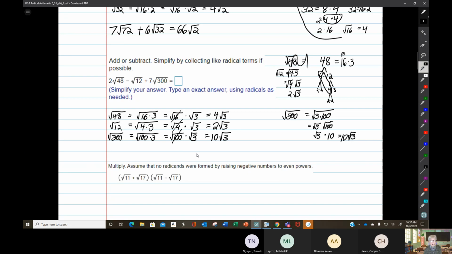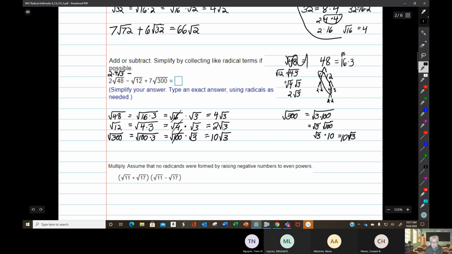So now, the square root of 48 is 4 times the square root of 3. So 2 times the square root of 48, let me write it up here, is 2 times 4 times the square root of 3.